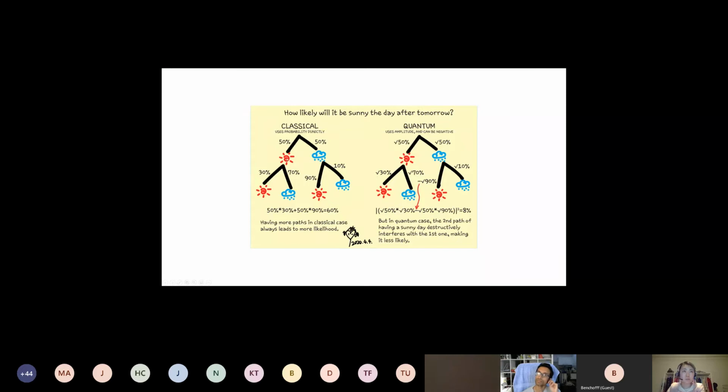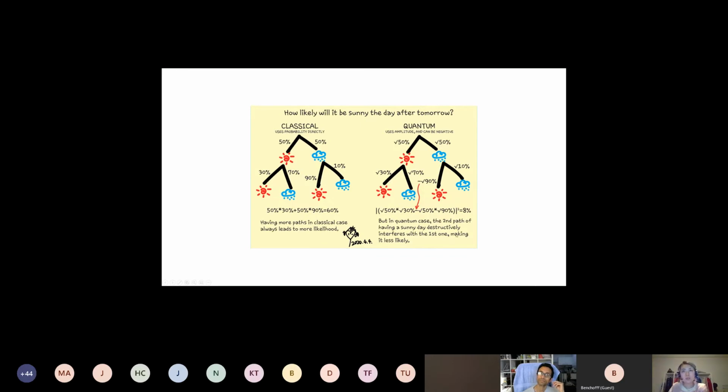So we multiply down the tree, and we multiply all of these possible paths to a sunny day: 50% times 30% plus 50% times 90%. These numbers are just made up, but probabilities are always positive. So you get 60% in a classical system.